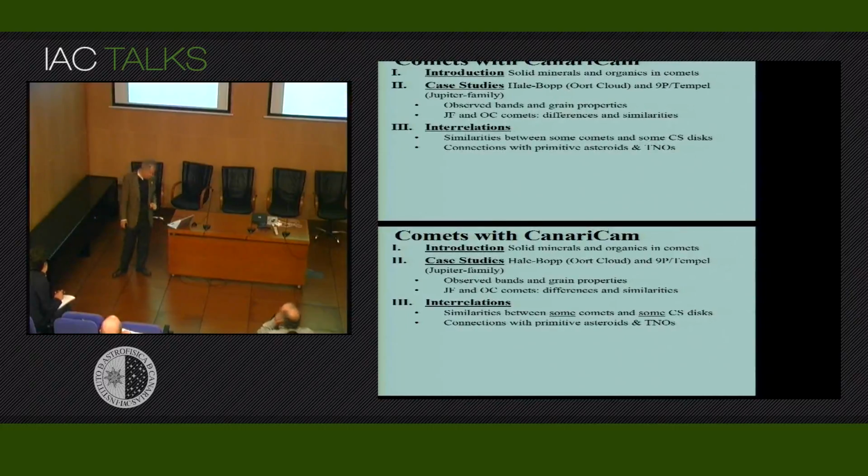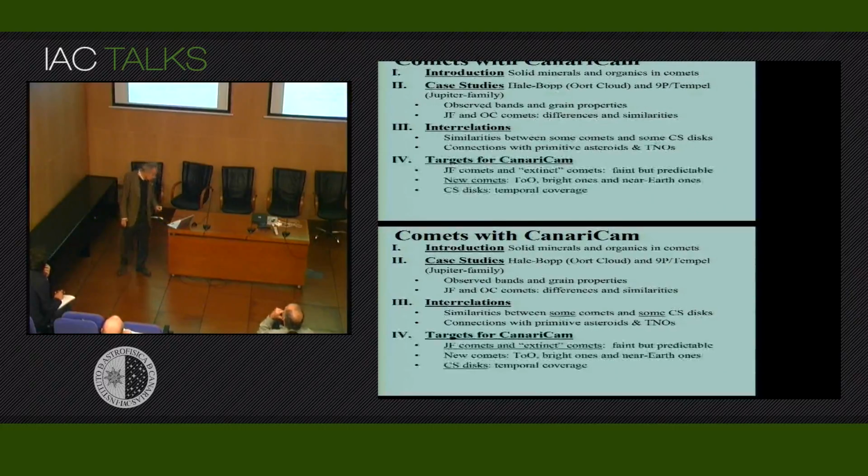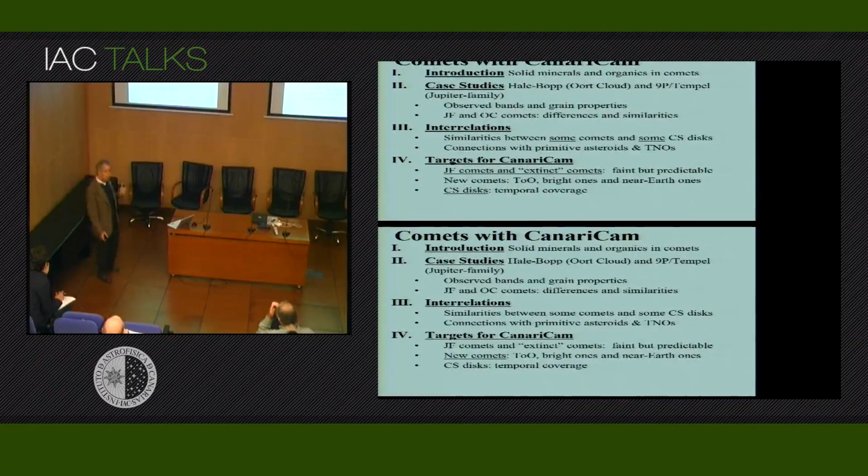Then I'll tell you what the main targets for comet observations with CanariCam should be, which are basically Jupiter family comets, which are predictable. They're relatively faint, but predictable, and many of them very reachable with CanariCam. The new comets will be targets of opportunity because they usually get discovered only a few months or a few weeks before they become very bright. And some of them come near the Earth, and they give us other opportunities.